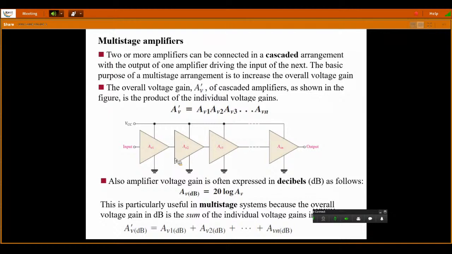Thereafter, the overall voltage gain in decibels is calculated by just summing the individual gains. If you are mentioning voltage gain, you take the multiplication; if you are mentioning the gain of each stage in decibels, you sum up all the single stage gains, and we get the overall voltage gain in decibels of a multi-stage amplifier.